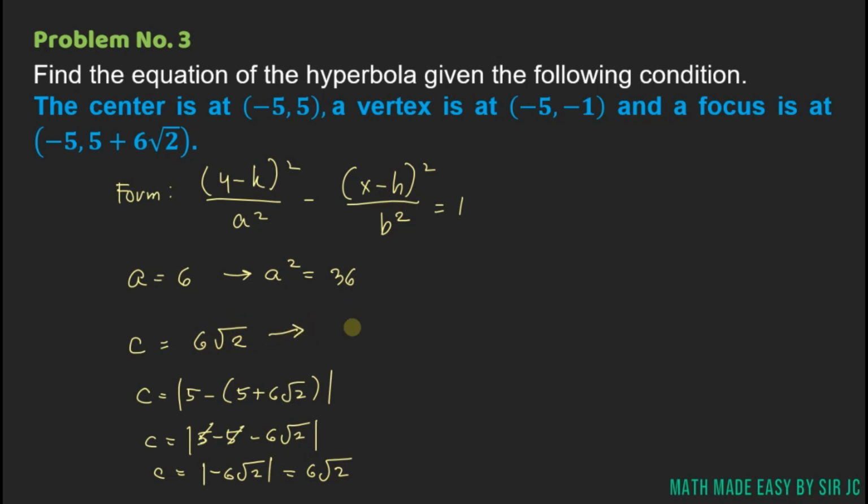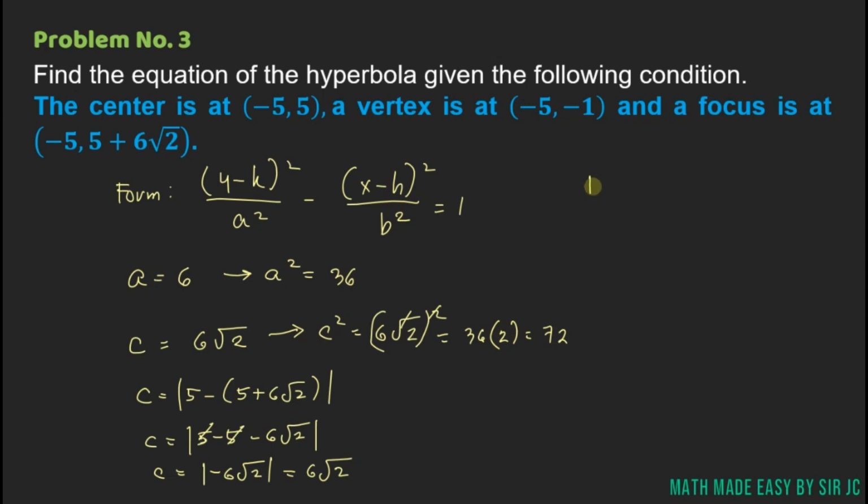Therefore, our value of c squared is equal to 6 square root of 2 squared. That is 6 squared, 36, and the square of the root cancels, leaving 2. 36 times 2 is 72. Now we have to find the value of b squared because we already have a squared and c squared.